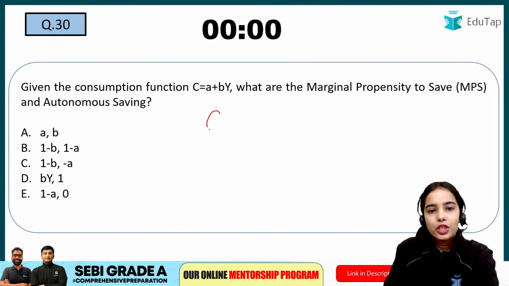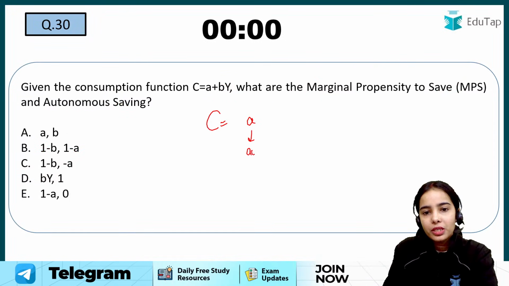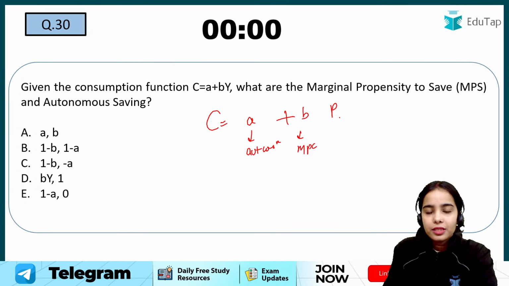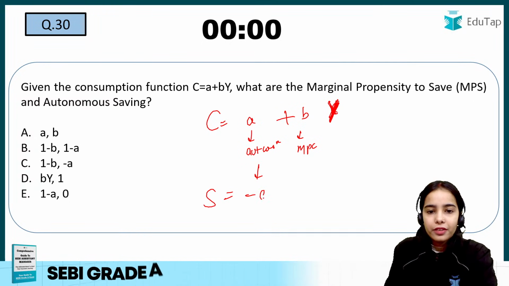In the consumption function, this is autonomous consumption, this is the slope, that is the MPC, and this is the income on which the consumption depends. Now saving is negative autonomous consumption.